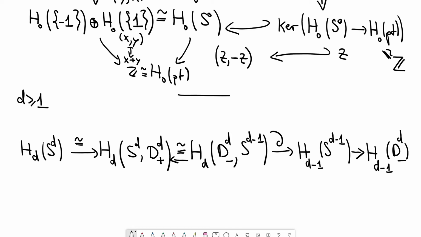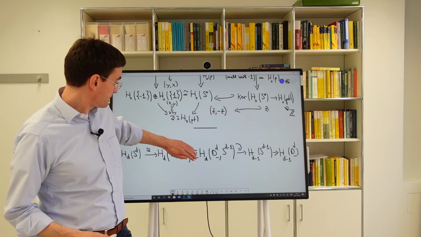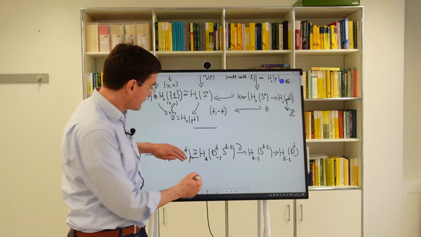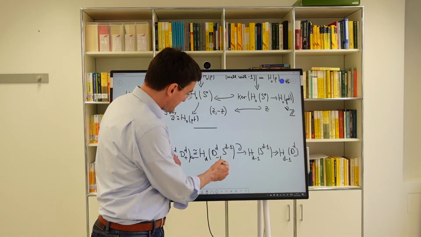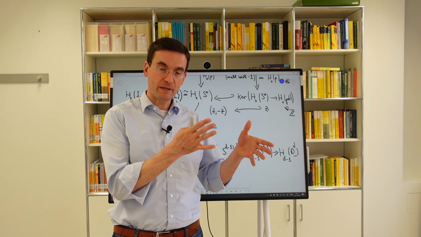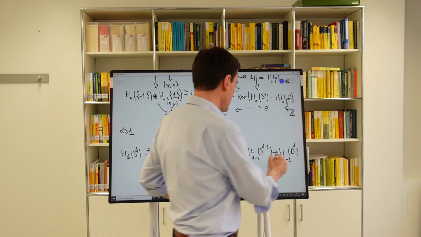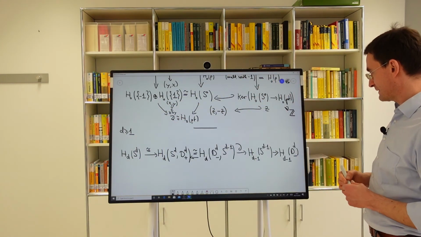All right, so once more, this is the excision statement that we used in the previous video for d equals 1, but again it's completely analogous. Then if you just look at this part, this is part of the long exact sequence of that pair. And that long exact sequence splits into a bunch of short exact sequences. So you can think of a 0 here on the left and a 0 here, and the whole thing splits.